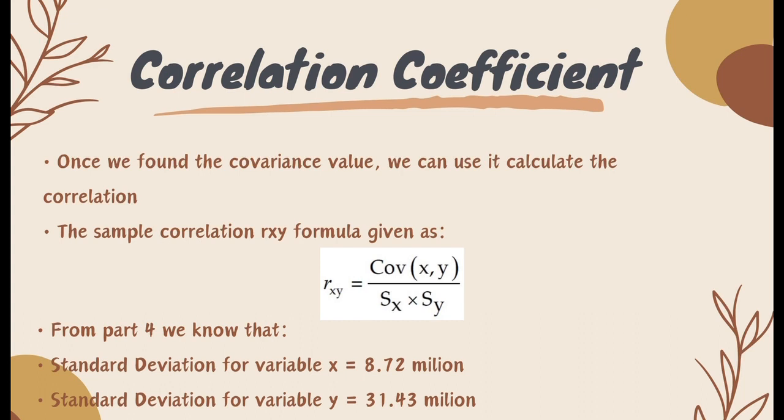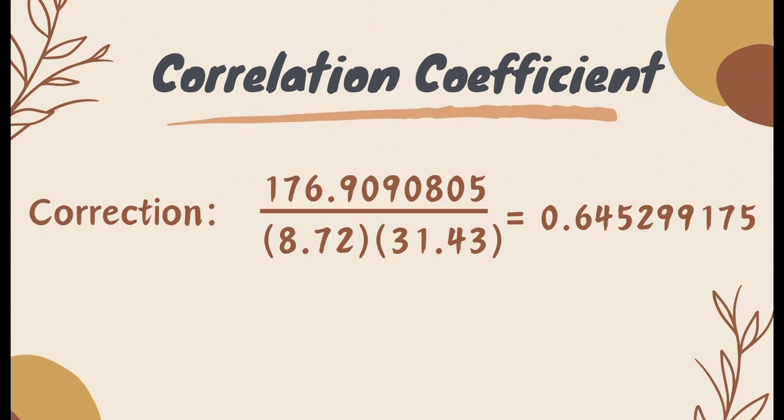The correlation coefficient: once we found the covariance value, we can use it to calculate the correlation. From part 4, we know that standard deviation for variable x is 8.72 million. The standard deviation for variable y is 31.43 million. So, this is the answer after we calculate the numbers. So we got 0.645299175.